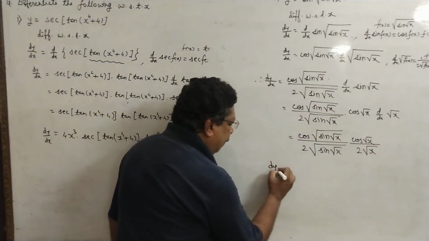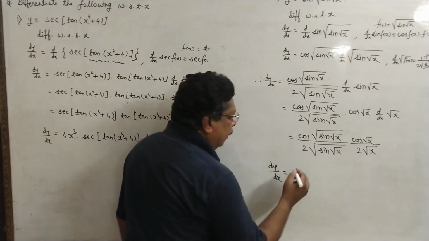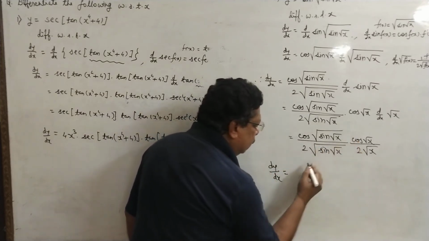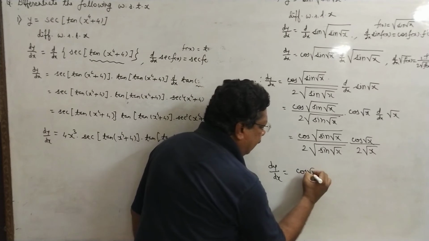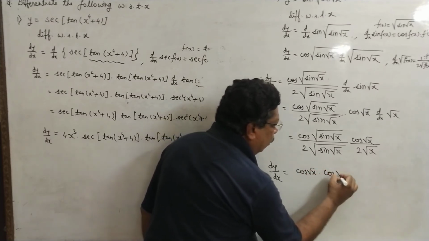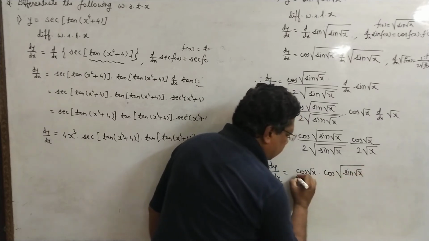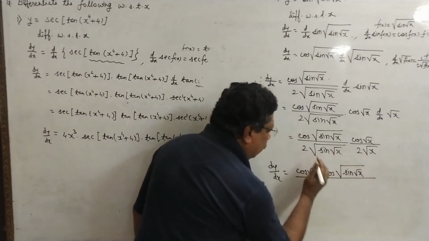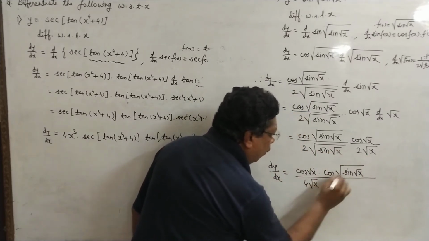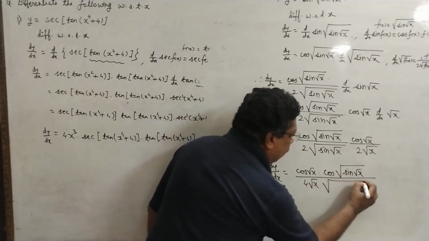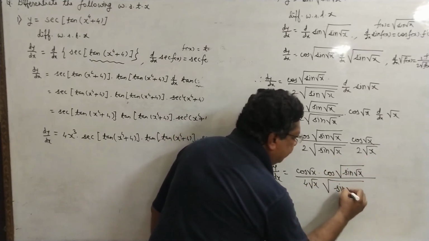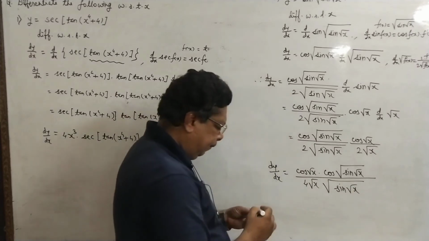So the required dy/dx is equal to cos root x into cos of root sin root x, whole divided by 2 into 2 root x into root sin root x.